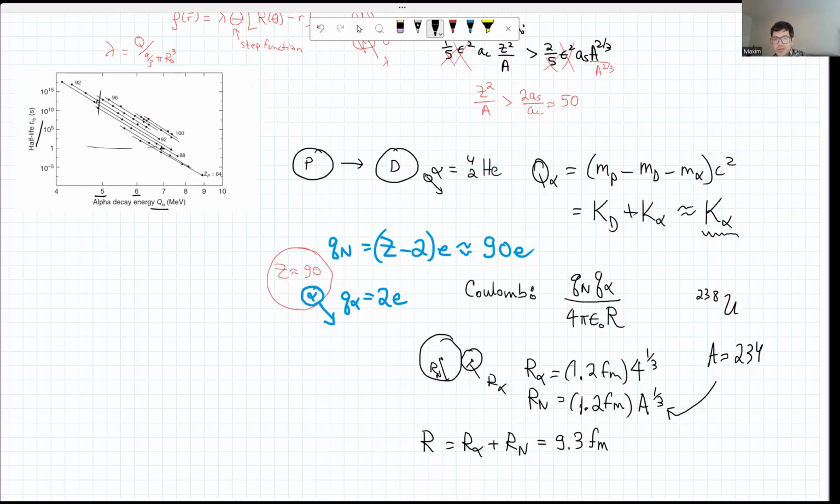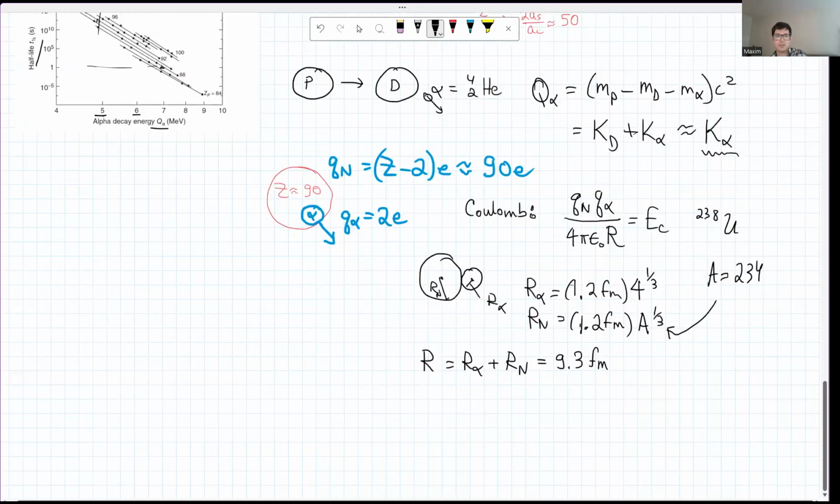And what is the energy of the Coulomb interaction? Let's put it over here to remind us what it is.